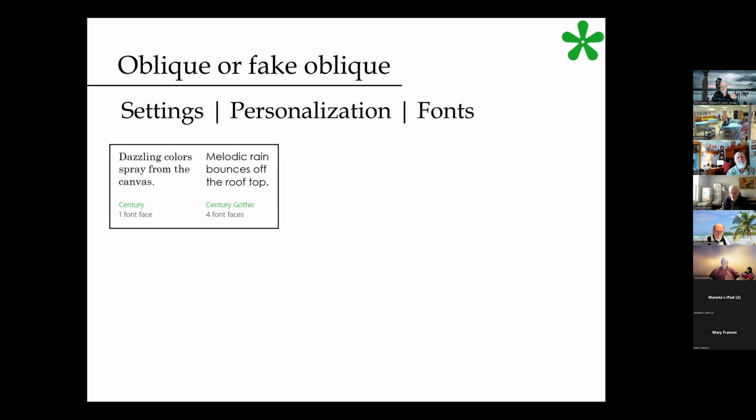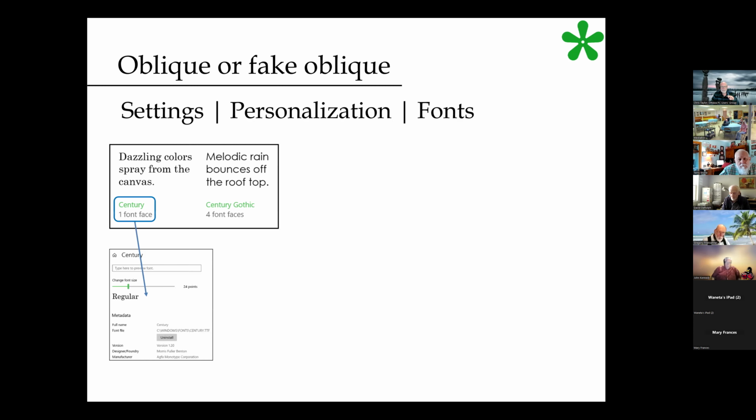Oblique versus fake oblique. Some typefaces you'll see, like in here, Century, it says there's one font face. So if you do a bold, it's Windows that's doing the bolding rather than the type designer. On the other hand, if you look at Century Gothic, it has 4 font faces.